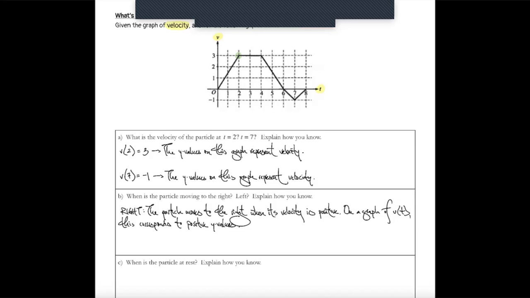And so on our graph, we can see that we have positive y values from 0 to 6, and we are not including 0, and we are not including 6. How come we're not including 0 and 6?